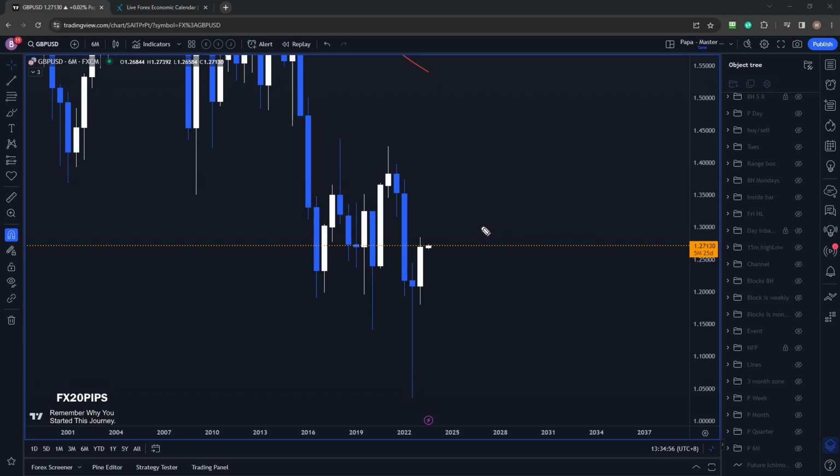But now we are into the 5th day and it seems to be a positive, or rather a bullish candle. Nonetheless, this is still a very early stage of this 6-month candle.